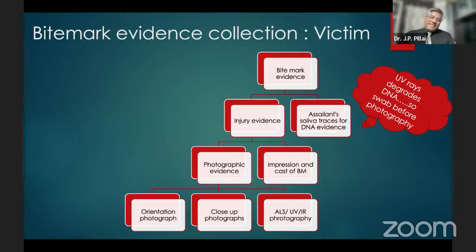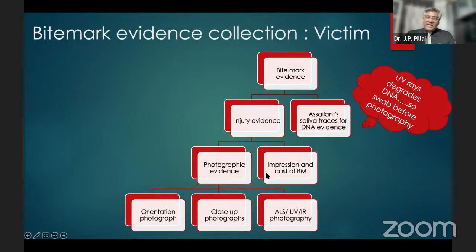Double swab technique is also there. Before taking the photograph, it is always wiser to take the DNA evidence from the bite area, and then go for the photography, because the flash light and the UV photography we sometimes take may unnecessarily degrade the DNA, so that DNA evidence may be lost. So the first and foremost is to take the swab and then proceed with the photography.